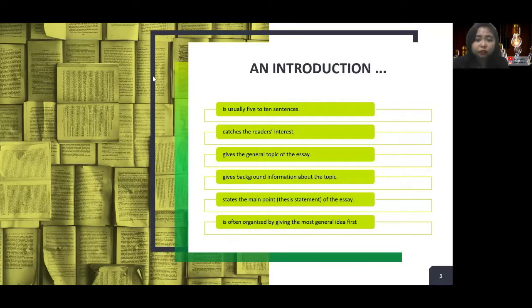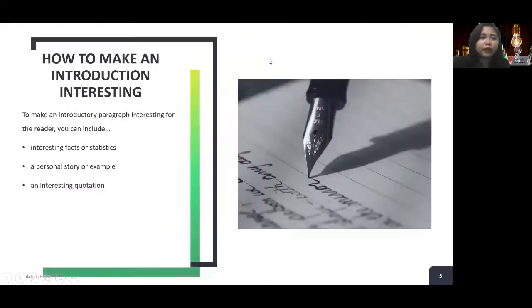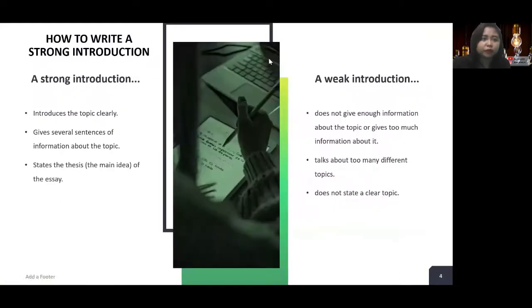An introduction also states the main point, the thesis statement of the essay. And the last, an introduction is often organized by giving the most general idea first to the specific one. So you go from general to specific in the introduction.